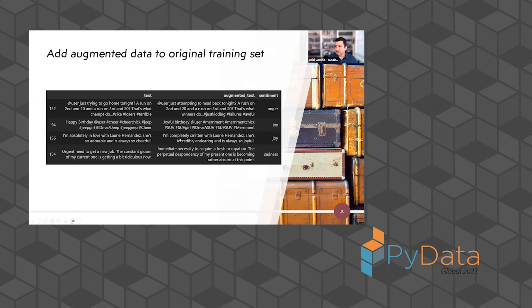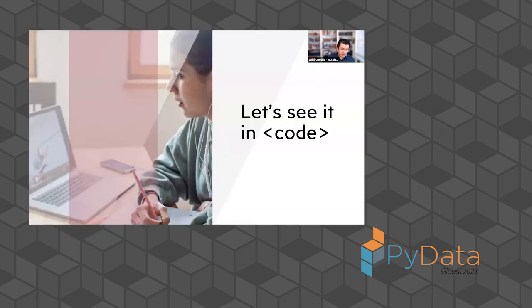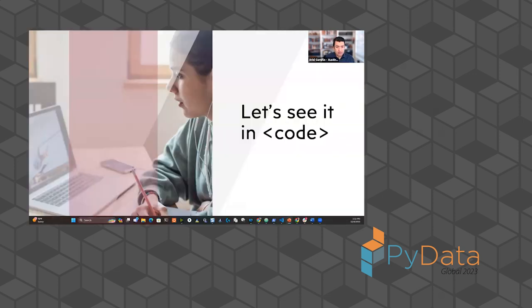If you read this, happy birthday and things like that, it's pretty much the same meaning from a human understanding perspective, and the sentiment that it generated is the same. This is the important part of the code, so let me show it to you in code.